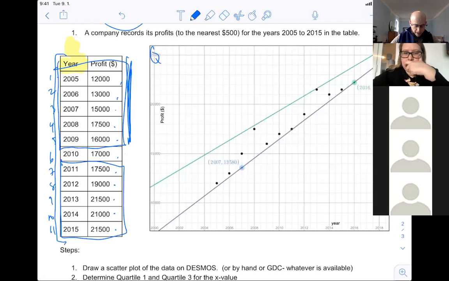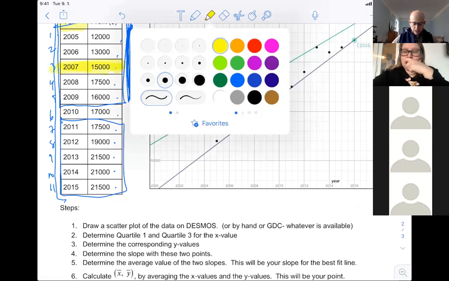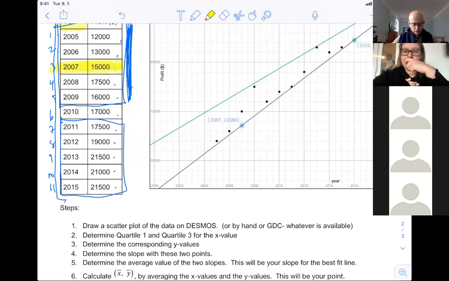From this lower half of numbers, which one then is going to be the median or the lower quartile? 2007. Right. And so its corresponding y value is also part of that. When I go to the upper part, Kirill, what's the median going to be, or the upper quartile? Can you give me a second?